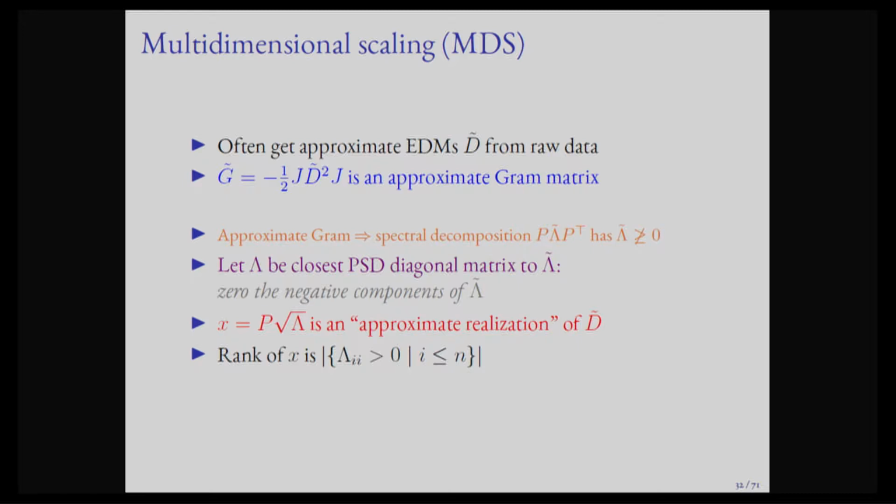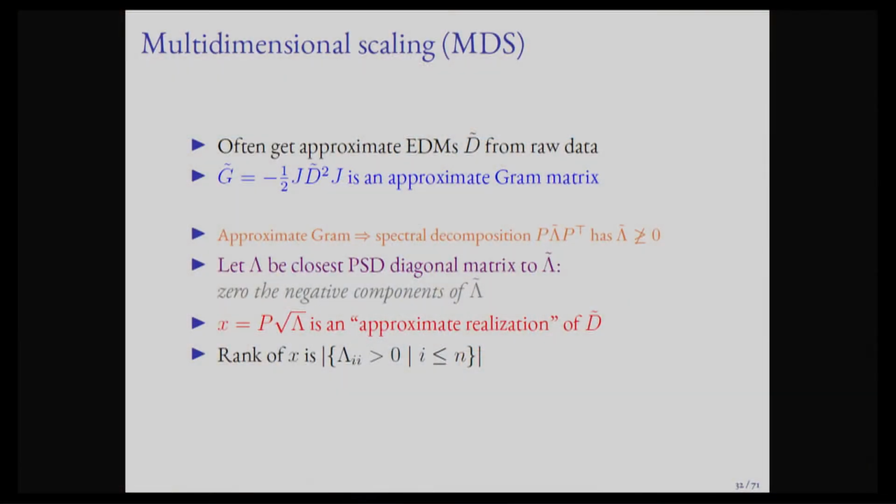So what you do instead is approximate it with the closest PSD matrix. How do you do this? All of the negative eigenvalues in this lambda are set to 0, and this is the best you can do. This is how you get the realization: from P lambda tilde, you zero the negative part of lambda tilde, and then you can take the square root, because now the diagonal only contains non-negative things.